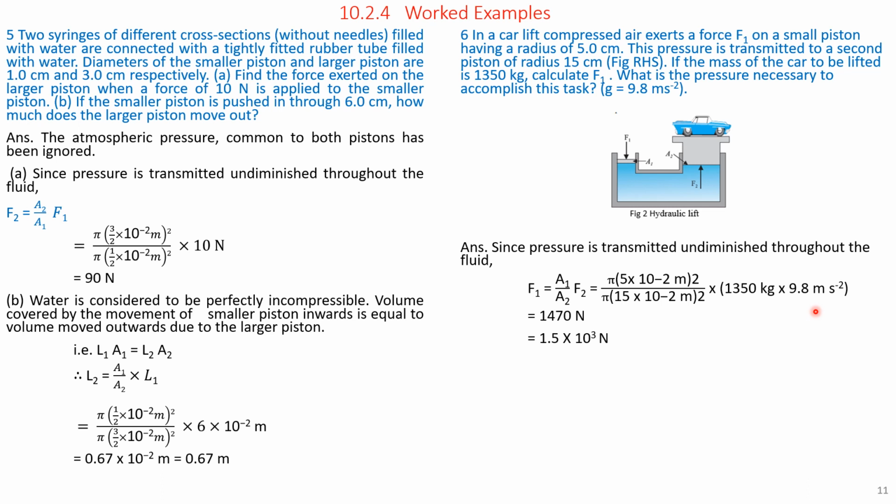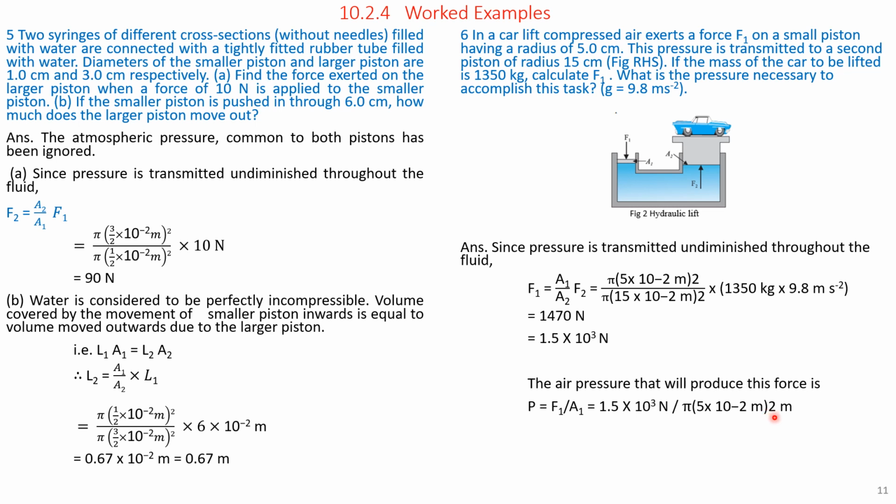The air pressure that will produce this force is given by the relation P is equal to F1 by A1. That is 1.5 into 10 to the power of 3 newtons, that we have calculated previously, divided by A1, which is pi into (5 into 10 to the power of minus 2) meters whole square.